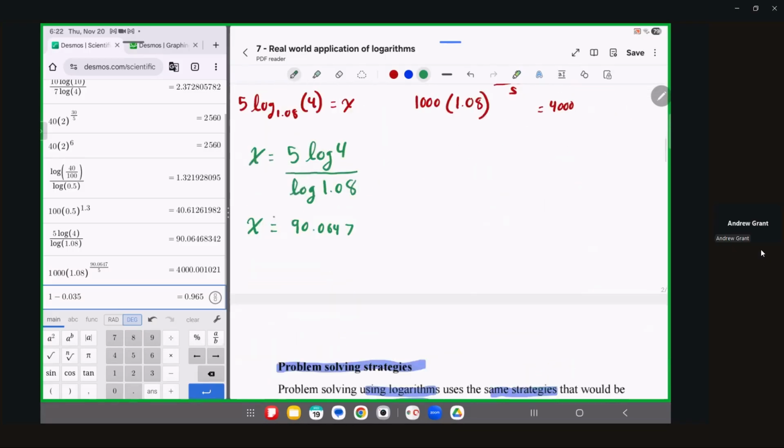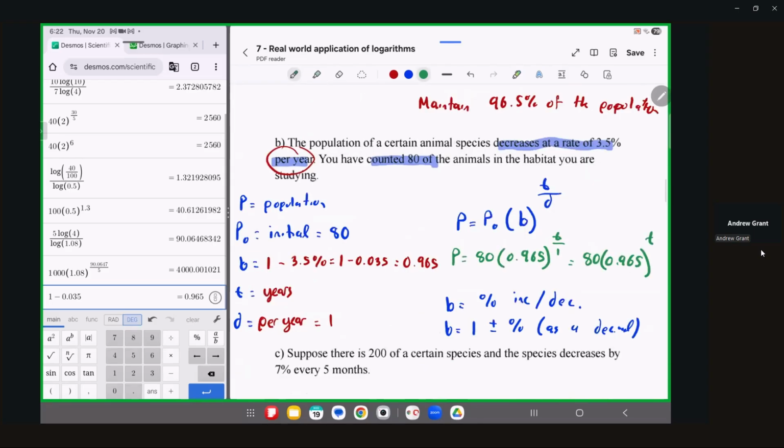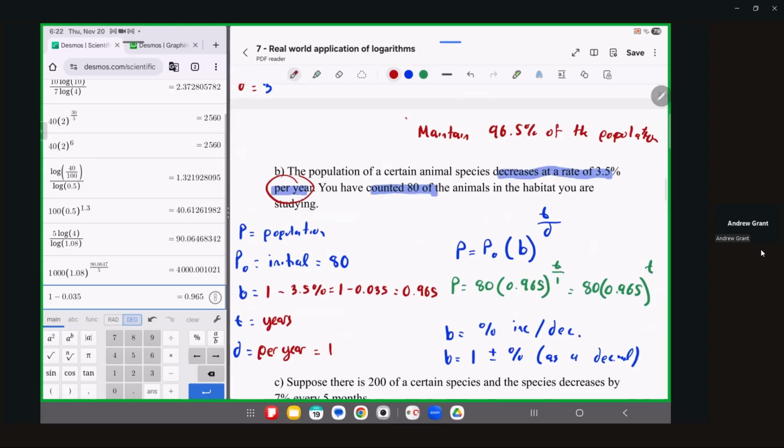And so typically, when you see things like per year or each year, that means your D value is going to be 1. This could also be like, say, per day, could also apply in this situation. But if it's per single unit, that means D is going to be equal to 1.